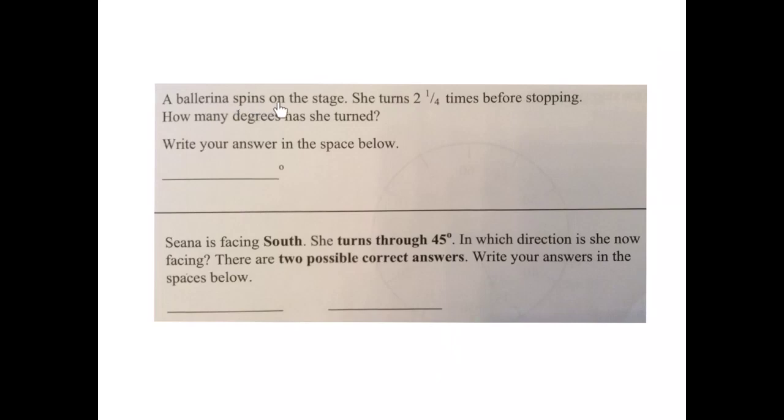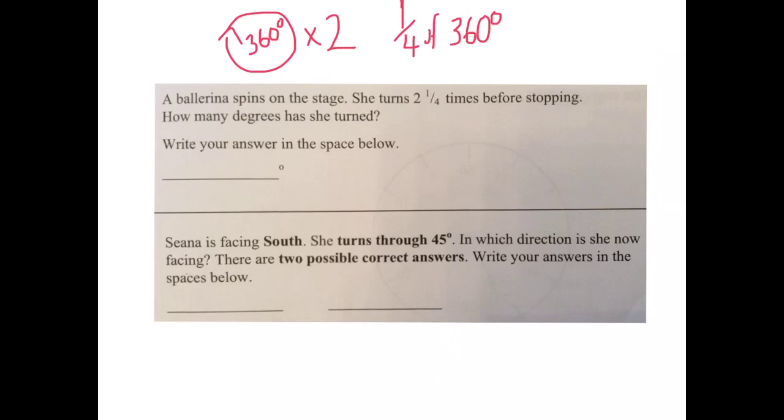A ballerina spins on the stage. She turns 2¼ times before stopping. How many degrees has she turned? Well, one complete spin is 360 degrees, and she does that twice. She then spins a quarter of a full circle, so 1/4 of 360 degrees. 4 into 36 goes 9 times, 4 into 0 is 0, so she turns a further 90 degrees.